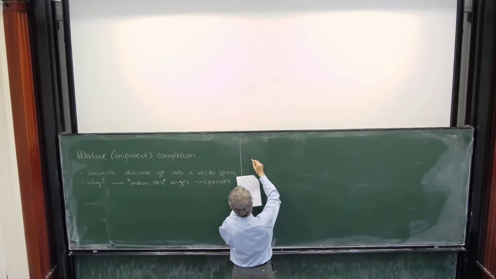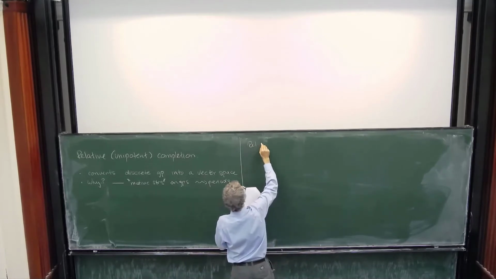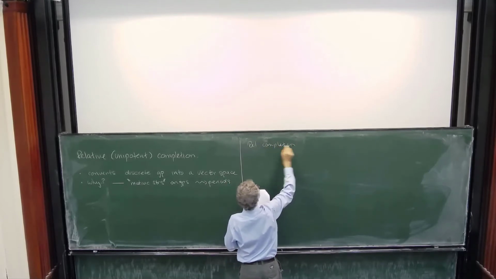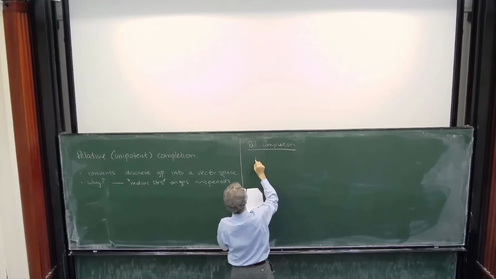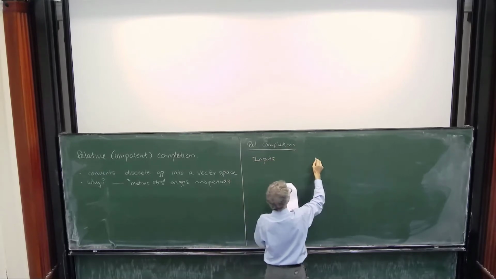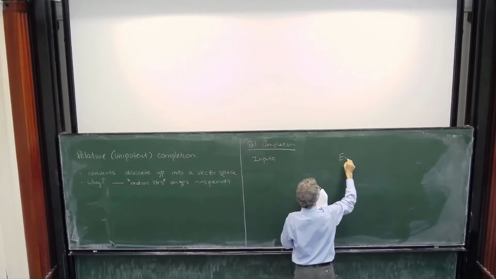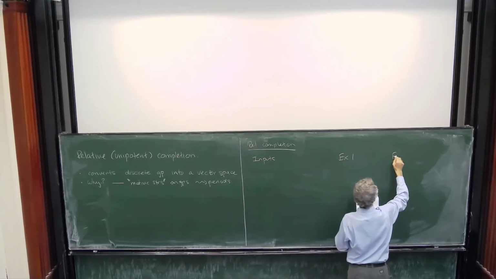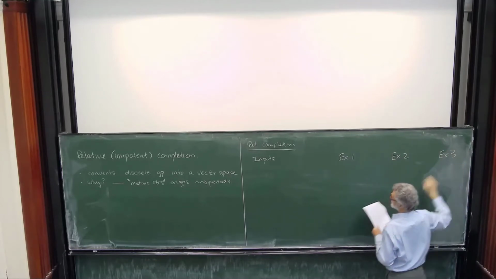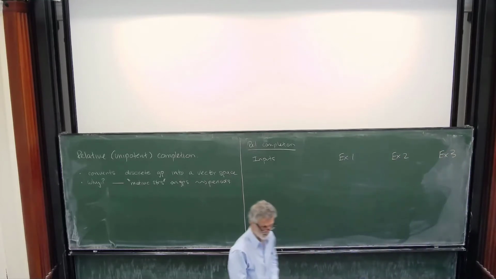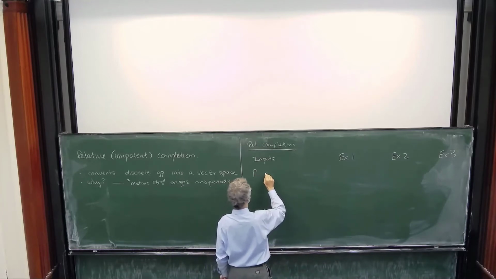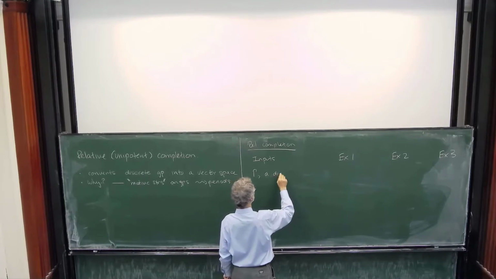So here are the inputs, and I'll have several examples. Example 1, example 2, and example 3, which I won't talk about much. I was going to, but I realized that would be saying too much. So the first thing is gamma, which is a discrete group.